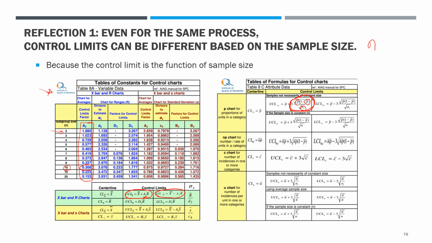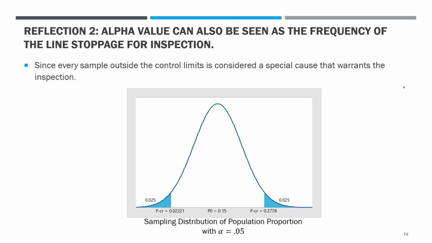When you have a bigger n, this will be much smaller than when you have a smaller n. Therefore, the conclusion is, even for the same process, if you pick a larger sample size, the control limit can be narrower. Will a narrower control limit be more helpful, or a wider control limit? That is the question. You can keep thinking about that.